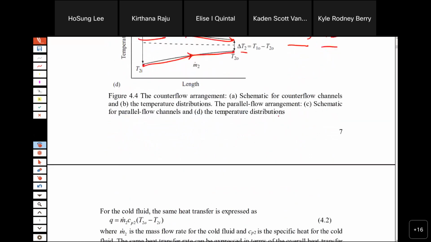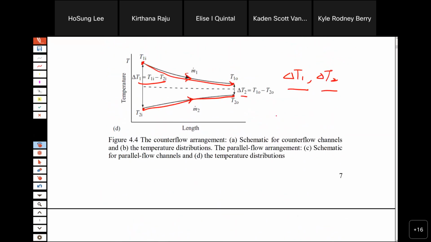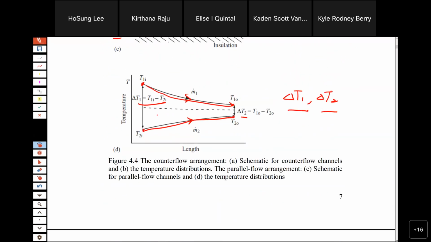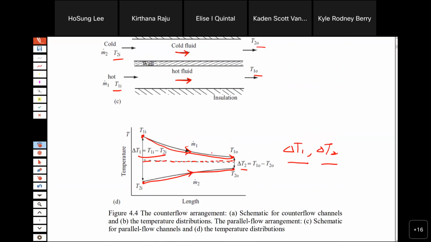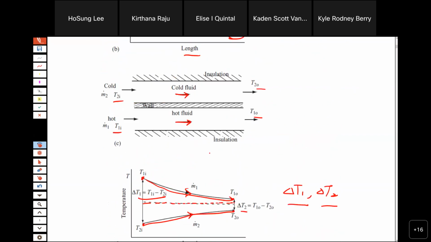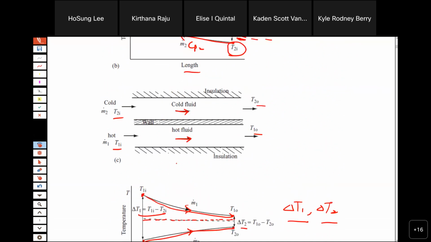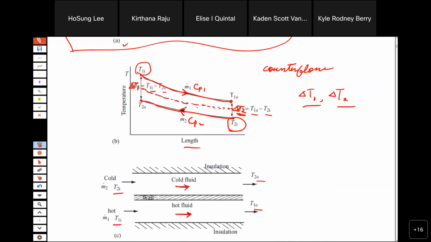Don't confuse. And then interestingly, the wall temperature has to be the average in the middle. Sometimes we need the wall temperature. For counterflow it is an average, along with the temperature decreasing.